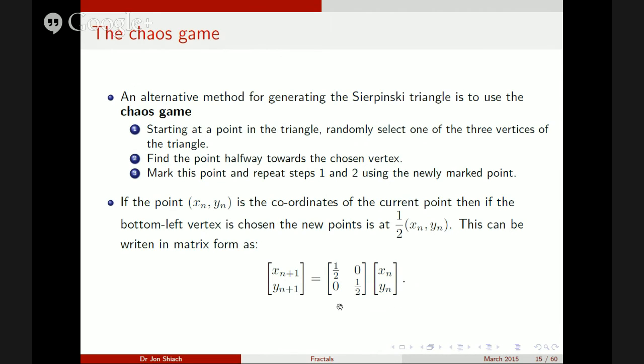So we can write this as a matrix equation: this is your x and y, a transformation matrix multiplied by your current coordinates.